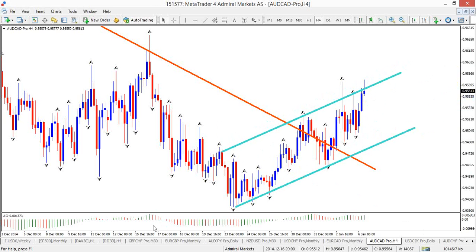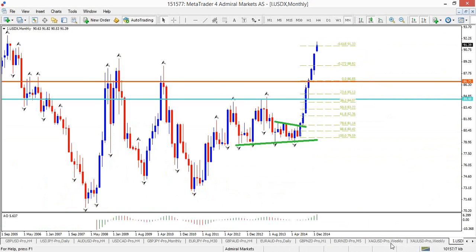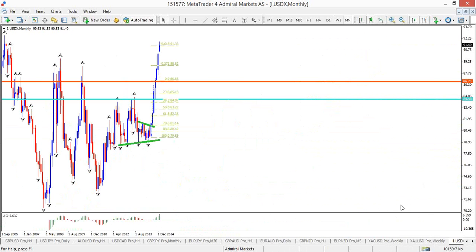Let's see, Kiwi dollar. Let's take a look. Does anyone else have a particular pair in mind?